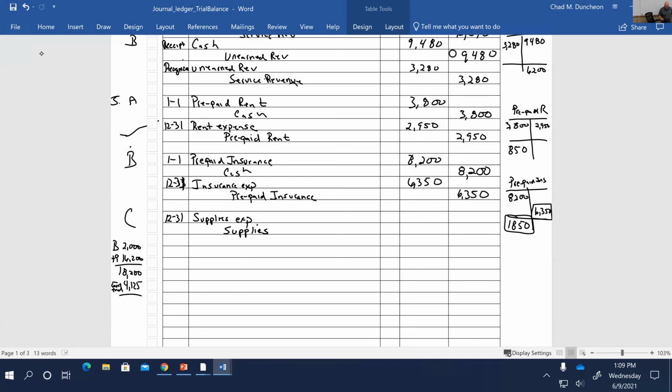So if we had 18,200 available and we only have 4,125 left at year end, that means we had to use 14,075. And that's what we were recording as an expense, how much we actually used.